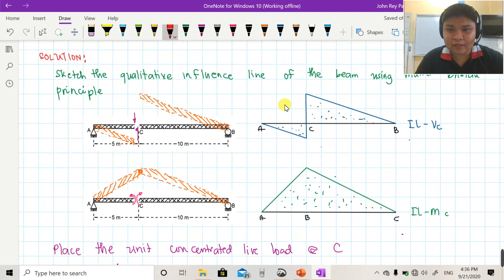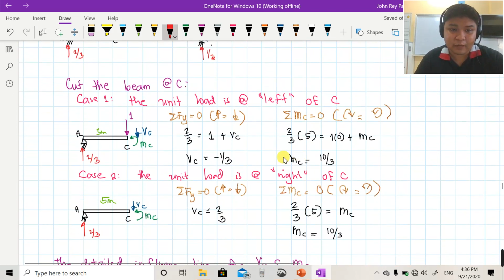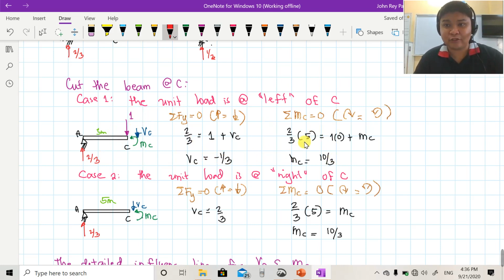It was told by the shape of the influence line using the Mueller-Breslau principle, di ba? Okay? So dito yung case 1 natin, the unit load is at the left of C. So this is just a recall nung mga pinaggagawa natin sa previous discussion. So kapag yung ating unit load is nasa kaliwa ng C, the shear is negative 1/3 which is expected to be negative while the moment is 10/3. So you can confirm that mathematically using your calculator na lang naman.